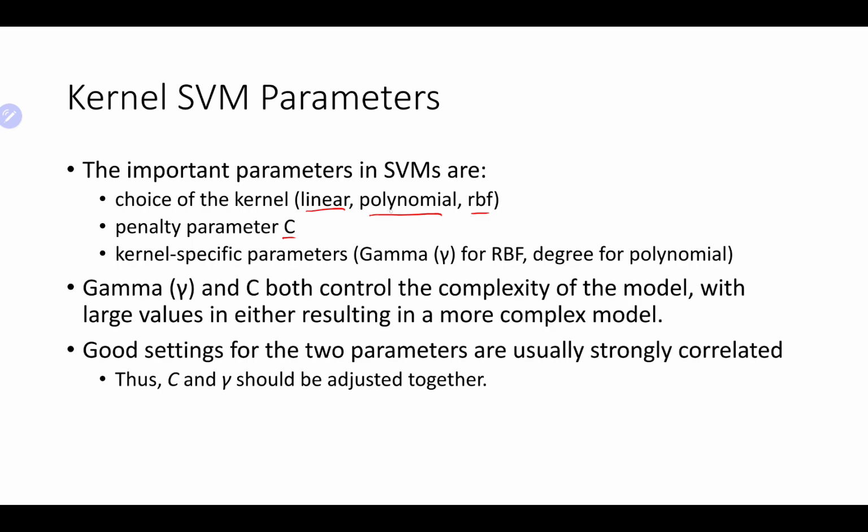If we choose a polynomial kernel, then we need to decide on the degree of the polynomial. If we choose an RBF kernel, then we need to decide on the gamma value.